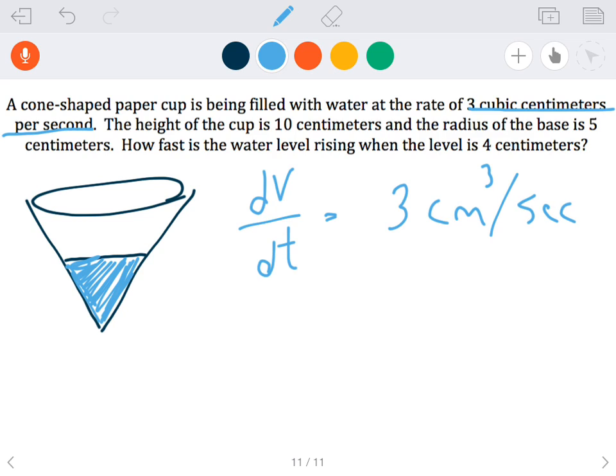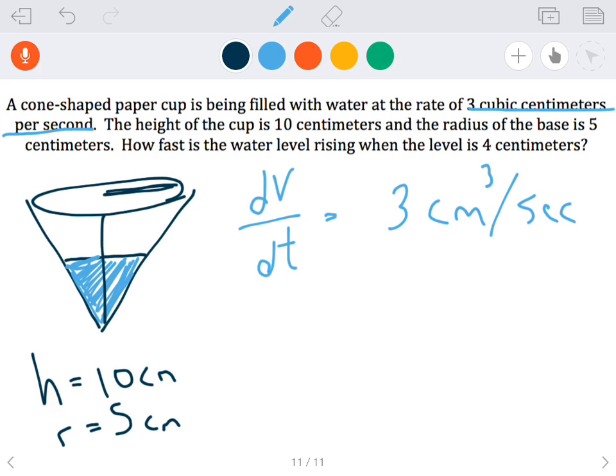The height of the cup is 10 centimeters. So the height of the whole cup here is 10. And the radius of the base, so the base of my cone, is 5. Those are both of the cup, not of the water.